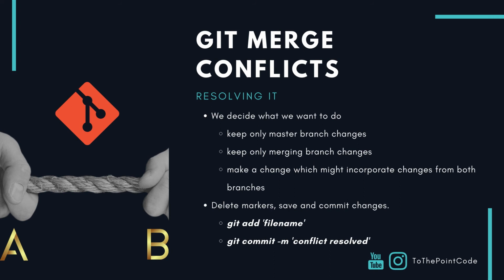Apart from that, we can also decide to make a different change which might incorporate the changes from both branches. So whatever we decide to do will fix the conflict. So we have to decide what change to make. Once we've decided, we need to get rid of the indicators that get provided and also save and commit our changes. Let's get back to our work.